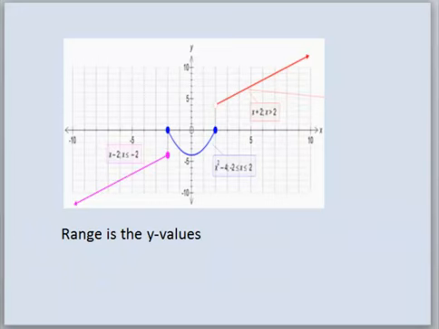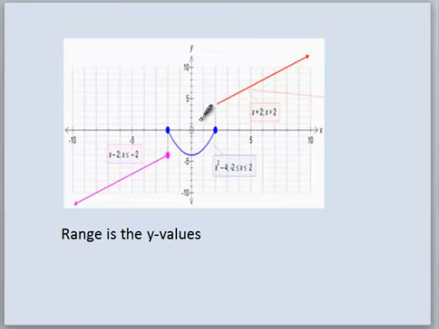The range is along the y-axis, and we can see that if we start at -infinity, we'll follow this graph, and then when we get up here at 0, we follow that graph, but then there are no values from here to there. There's a big jump, and then we follow that graph again.